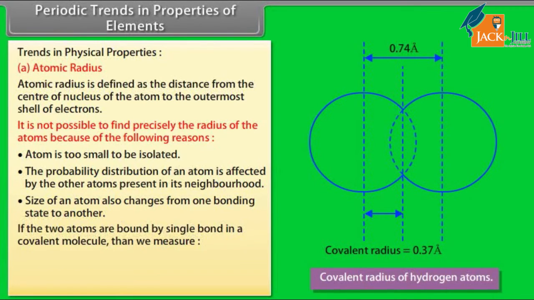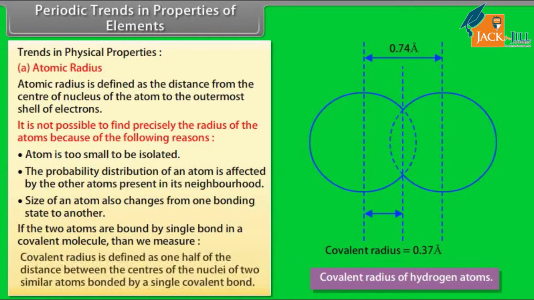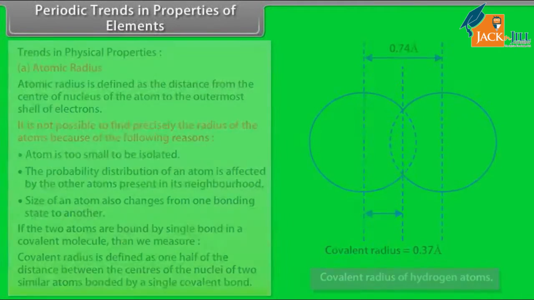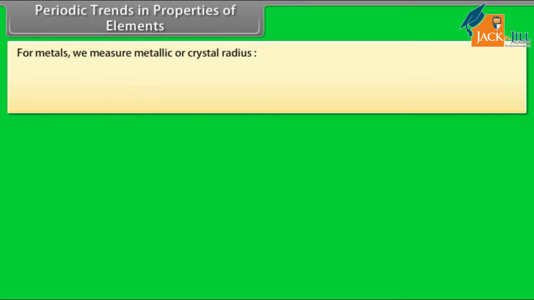If two atoms are bound by a single bond in a covalent molecule, then we measure the covalent radius. Covalent radius is defined as 1/2 of the distance between the centers of the nuclei of two similar atoms bonded by a single covalent bond. For metals, we measure metallic or crystal radius.